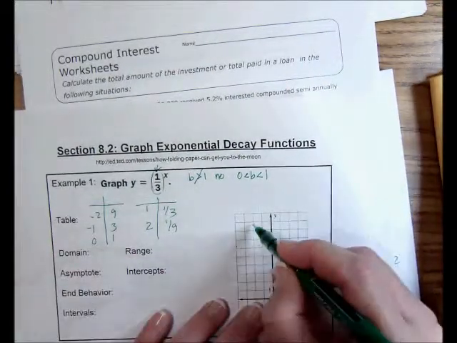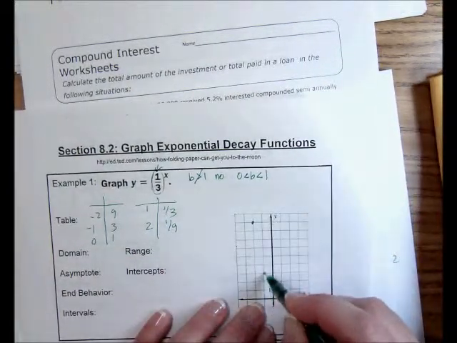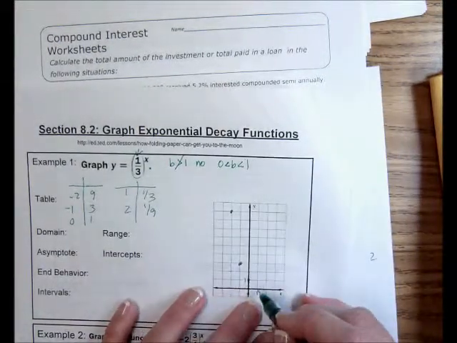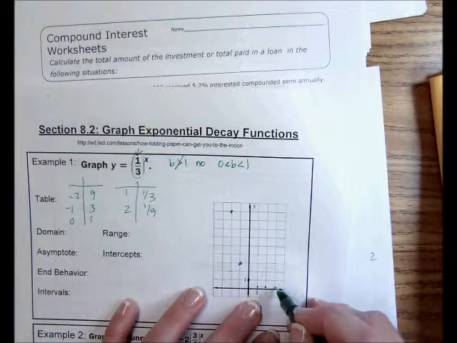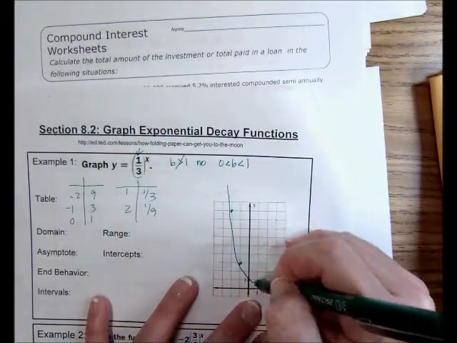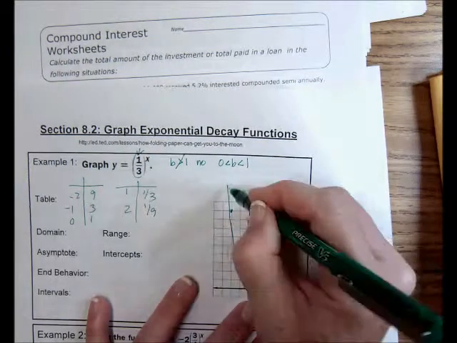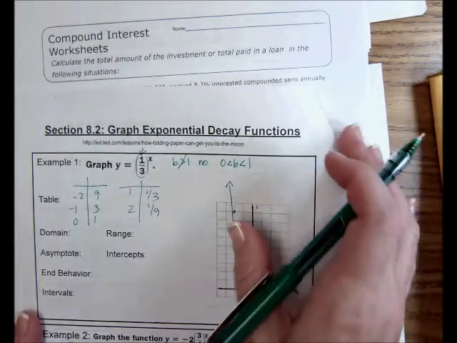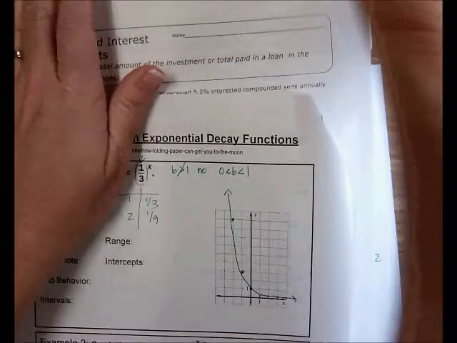So at -2, I'm going to be all the way up here. At -1, I'm going to be at 3. At 0, I'm going to be at 1, and then as x goes to +infinity, f of x is going to go closer and closer to 0. So the graph looks a little bit different than it did in our example 1.